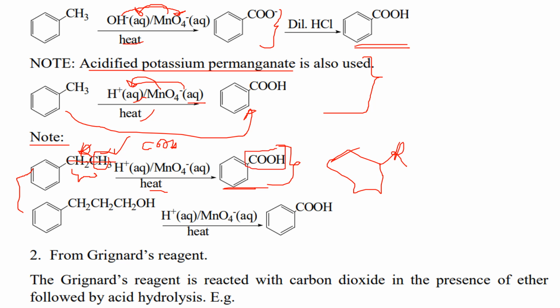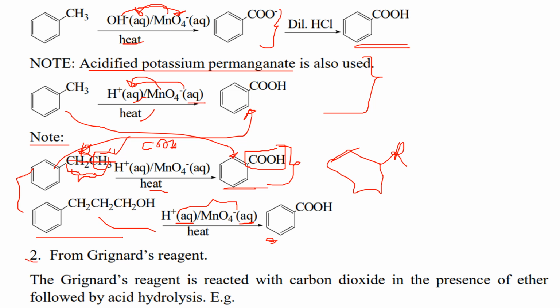So whichever the length of the chain which is here, it's always going to take you to benzoic acid. When you have this compound and you also react it with acidified manganate 7 and you heat, it's also going to give you benzoic acid. But make sure that the states are aqueous in nature.